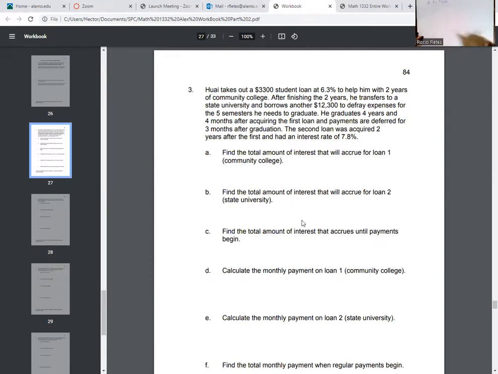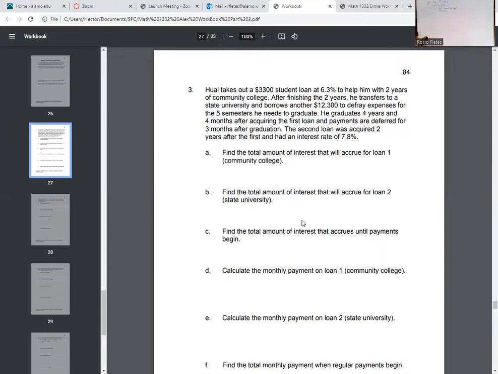The interest rate is 6.3% on this loan to help him with 2 years of community college. So I write down 2 years, community college, and you know that's 24 months, right? So I'm going to write 24 months.